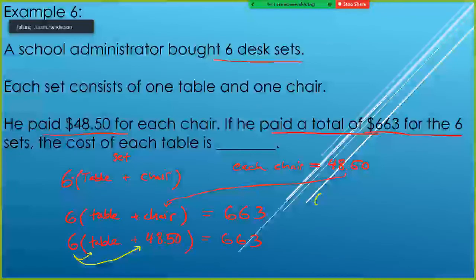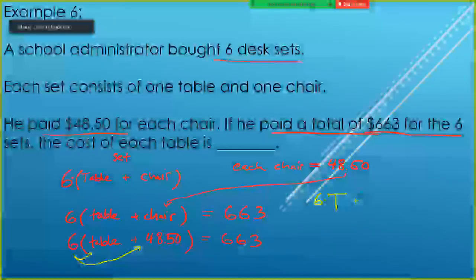That'll be 6 times t for table, plus 6 times 48.5. Let me do that in my calculator. 291. So that's 6t plus 291 equals 663.